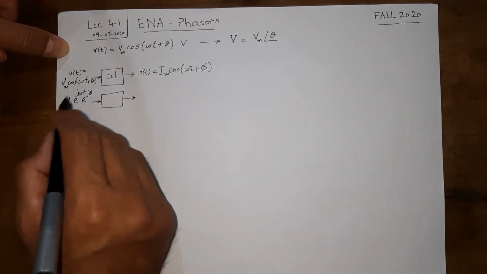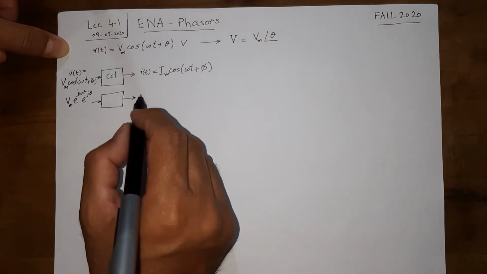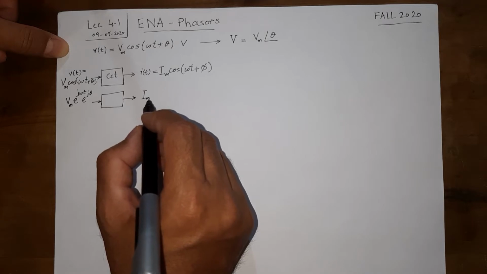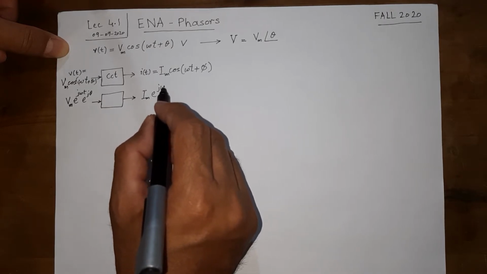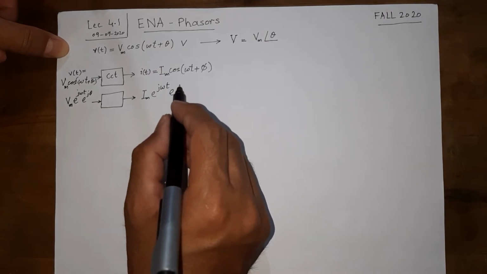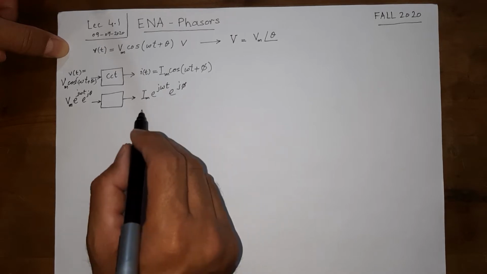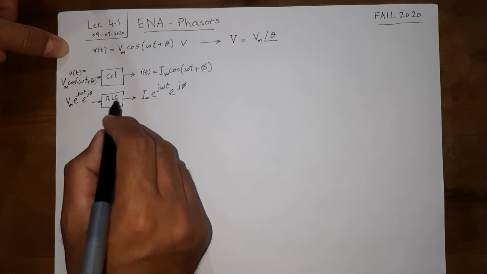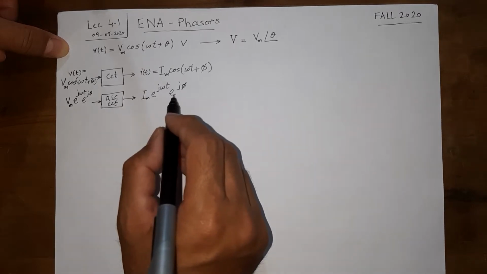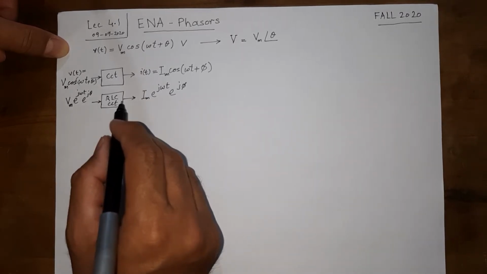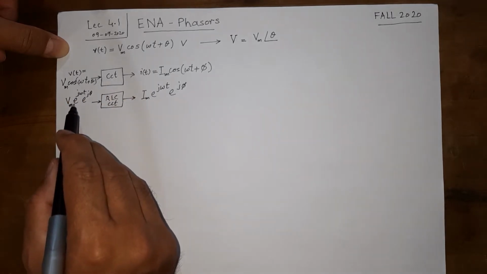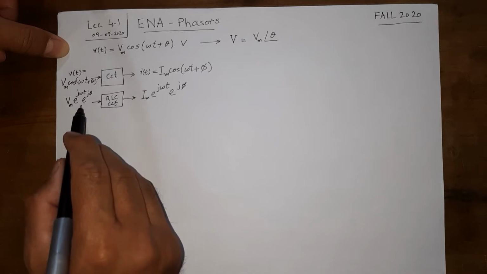If the input is a complex quantity, the output would be a complex quantity like this as well. We used linearity, we used superposition, and we ultimately were able to get to this using mathematics.